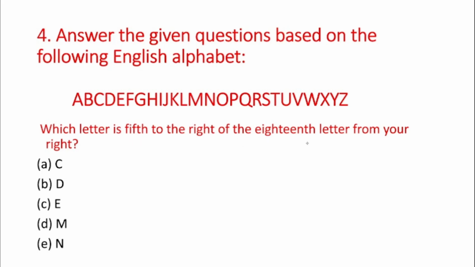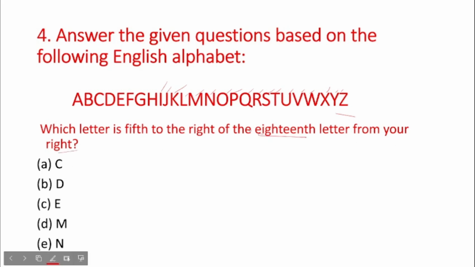From the right means we have to start with Z and count down to the 18th letter. 1, 2, 3, 4, 5, 6, 7, 8, 9, 10, 11, 12, 13, 14, 15, 16, 17, 18. So I is the 18th letter from the right.